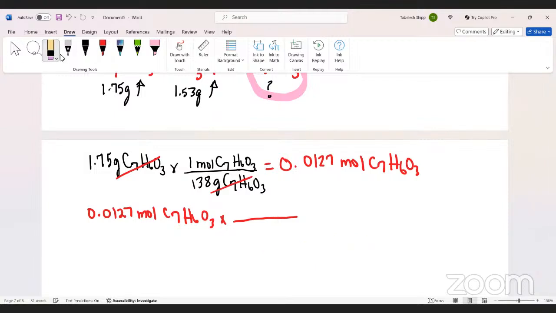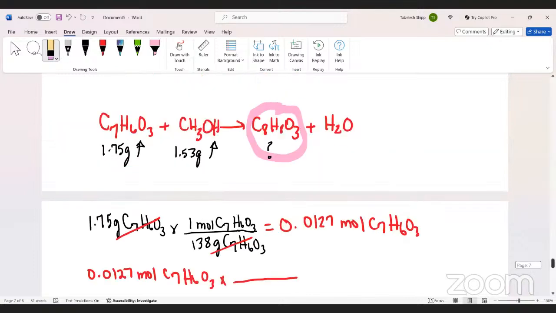Since we are trying to figure out how many moles of this reactant is being produced as highlighted here in pink, we're going to put that number on the very top. We're going to say 1 mole of C8H8O3. Now, on the very bottom, we're going to go back to our coefficient of this one right here, which is still 1 as well.